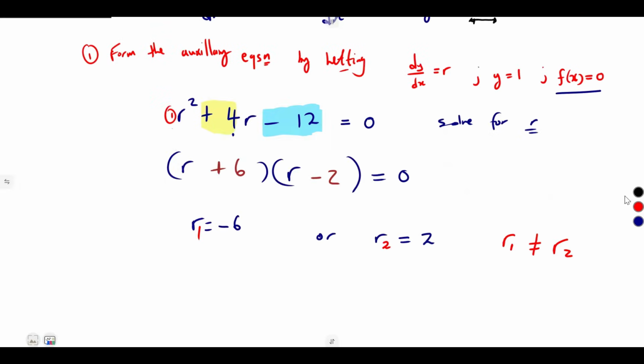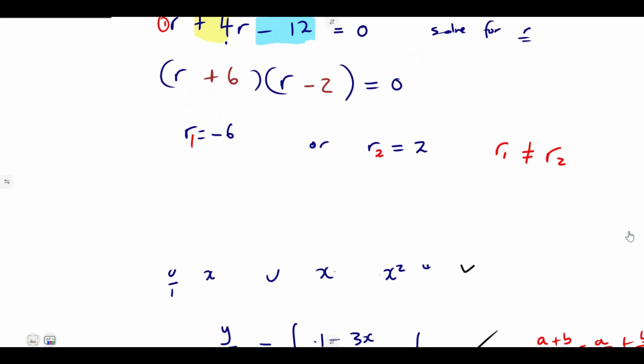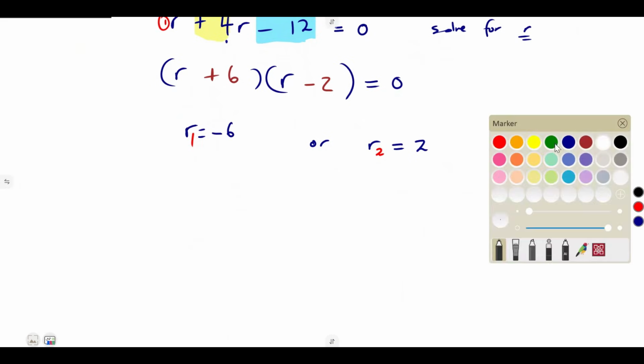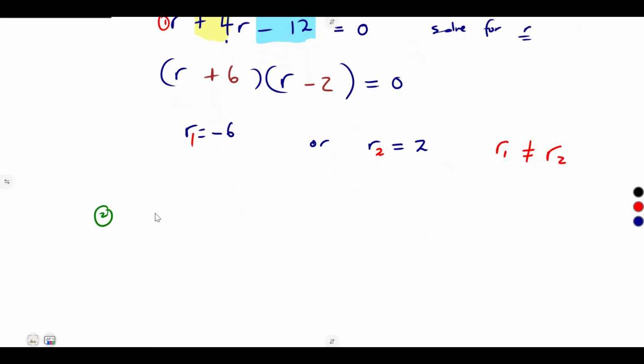So that's our complementary function from these solutions. Our complementary function, therefore, is going to be given as what? Therefore, our complementary function yc is going to be taken as a e to the exponent of r1x plus b e to the exponent of r2x.